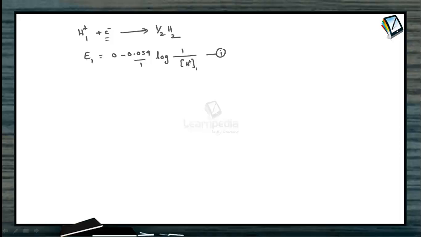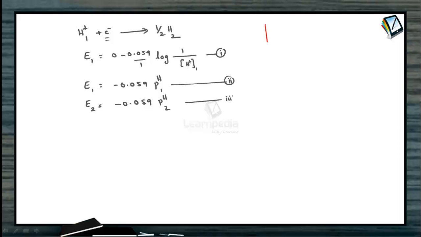Now we can rewrite this as E1 is equal to minus 0.059 into log of 1 by H plus, which is pH. Let us take this as the second equation. Similarly, for the same buffer, when the concentrations are reversed, if the potential is E2, we can write it as minus 0.059 of pH2.